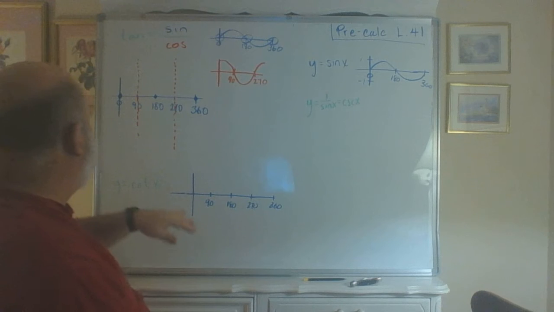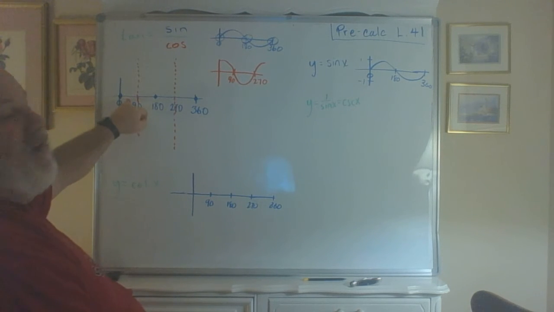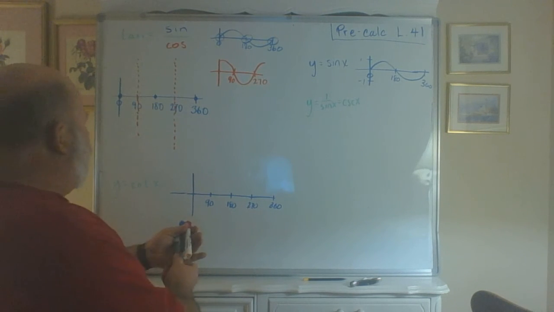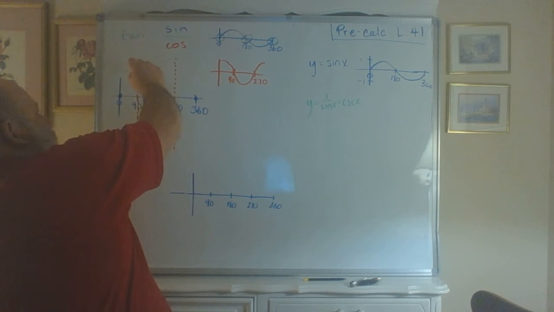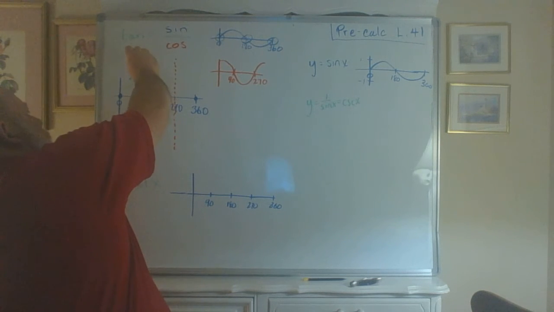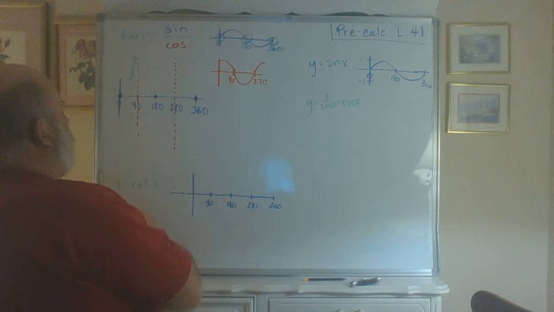Well, if you plugged in 45 degrees and took the tangent of it, you'd find that it's positive. It's up here. And 46 would be higher than that. So this is going higher, and it comes to this pole, and it must go to infinity.